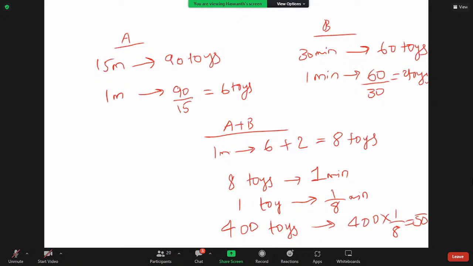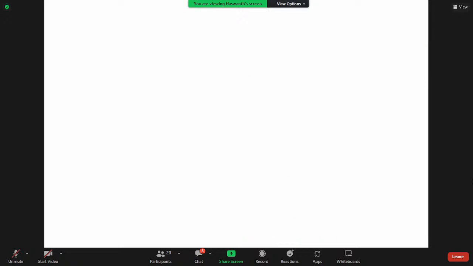So let's say a small idea regarding this unitary relation. For example, if one pen costs 10 rupees, 10 pens means you will multiply here, 10 into 10, you will say 100.